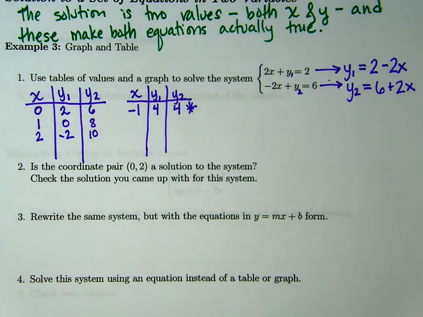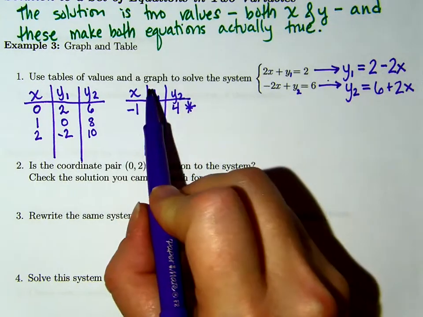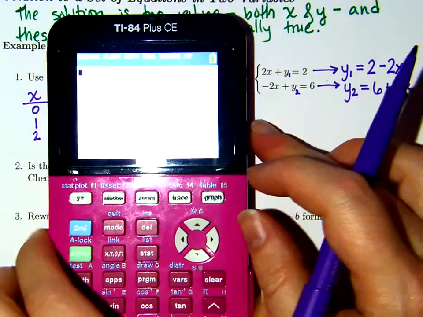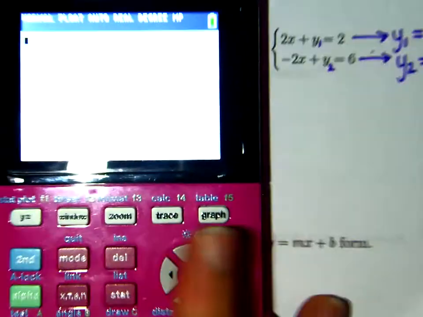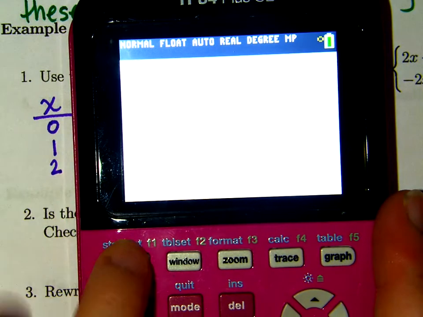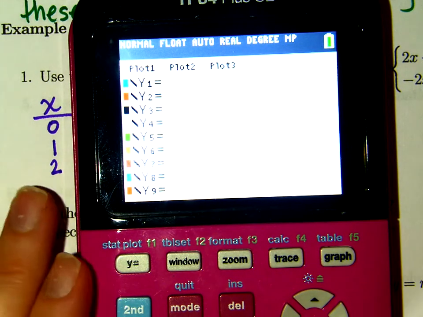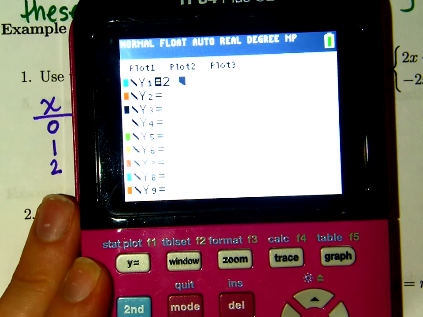That's nice. And then it says also a graph. Okay, so I'm going to go ahead and put it on here. Go to y equals, put in 2 minus 2x for the first one, and 6 plus 2x for the second one.